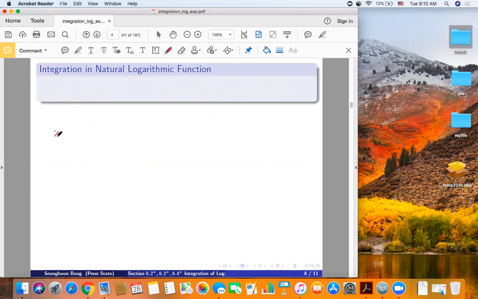Here, x squared prime is 2x. We know that. So what is integral 2x dx? Could you write your answer on the chatting board, please? What's integral 2x dx?